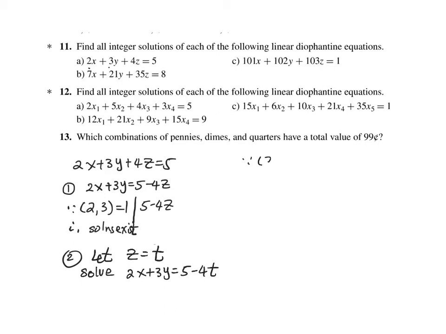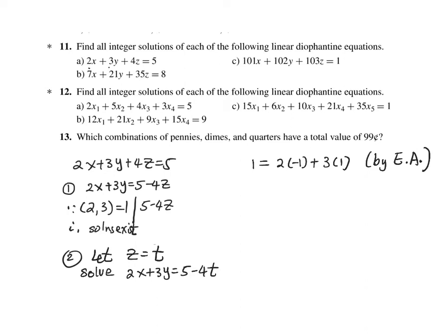Because the greatest common divisor of 2 and 3 is 1, you can write this 1 as a linear combination of 2 and 3. So basically I can do 2 times negative 1 plus 3 times 1. If the question is more complicated, you can use the Euclidean algorithm to write the greatest common divisor as a linear combination of the 2 coefficients. But in this particular problem, it's very nice.